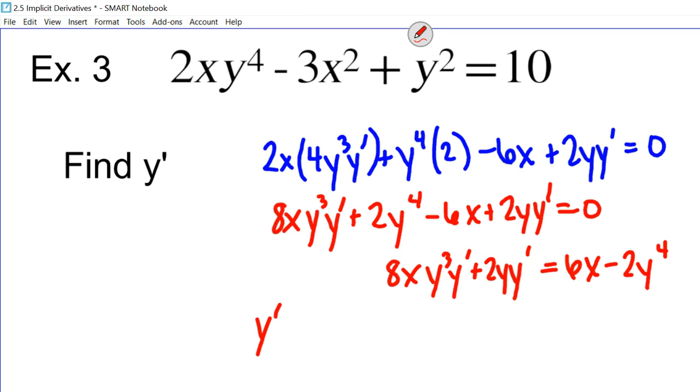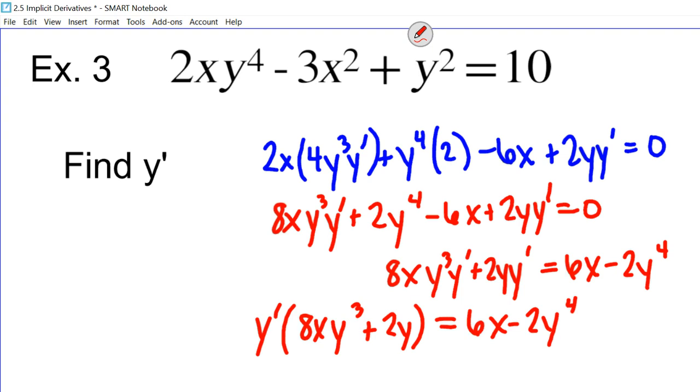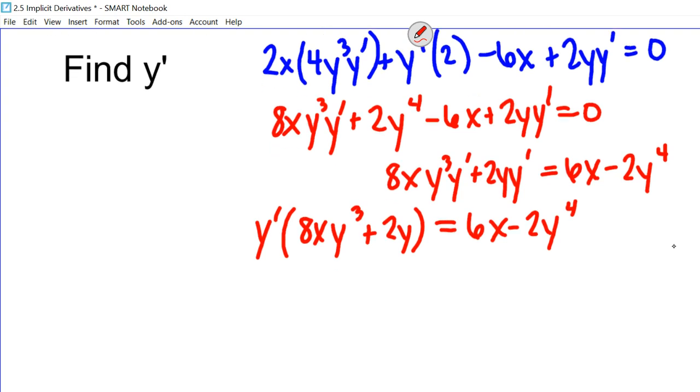Since they both have y prime, you're just writing what you have left: 8xy cubed plus 2y. And then the last step is to divide. Once you have y prime by itself, you're just dividing by what that y prime is being multiplied by.